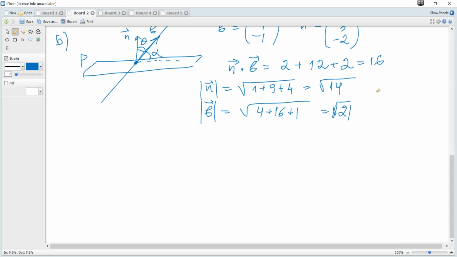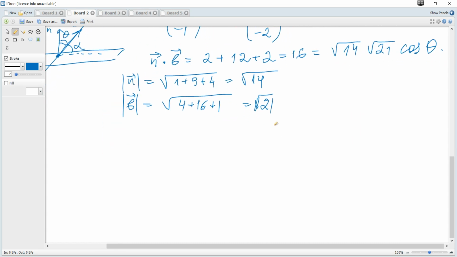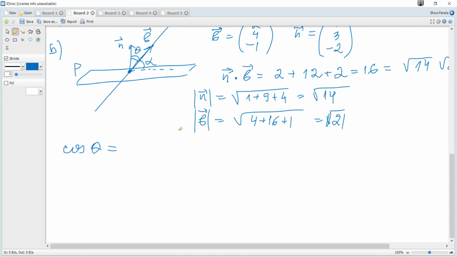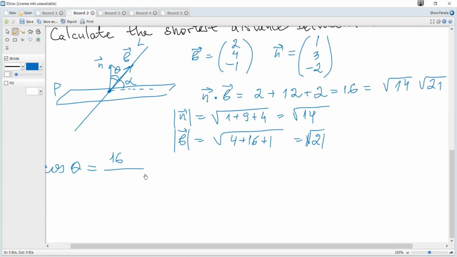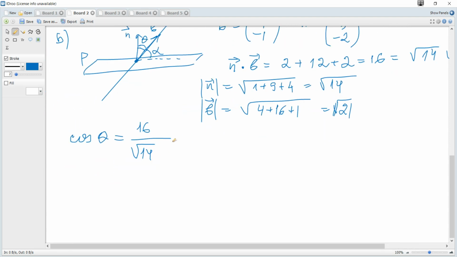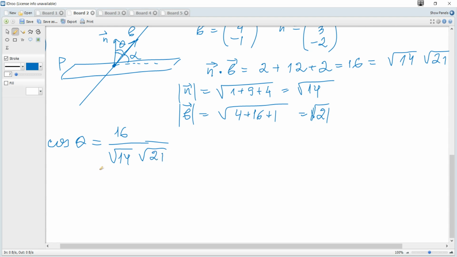On the other hand, this dot product is magnitude of one vector times magnitude of another times cosine of the angle between them, and hence cosine of theta is 16 over root of 14 times root of 21, and you can see that cosine is positive, so theta will be acute.